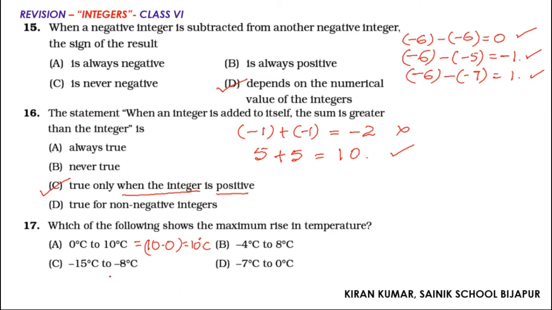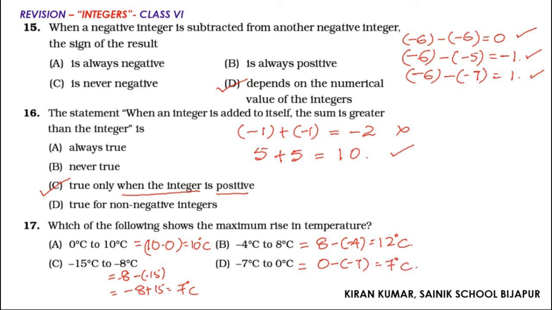Here, the rise in temperature is minus 8 minus of minus 15, which is -8 plus 15, 7 degrees Celsius. In this case, it is 8 minus of -4, which is 12 degrees Celsius. Here it is 0 minus of -7, which is 7 degrees Celsius.